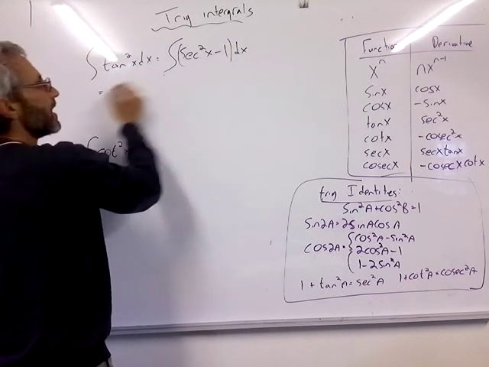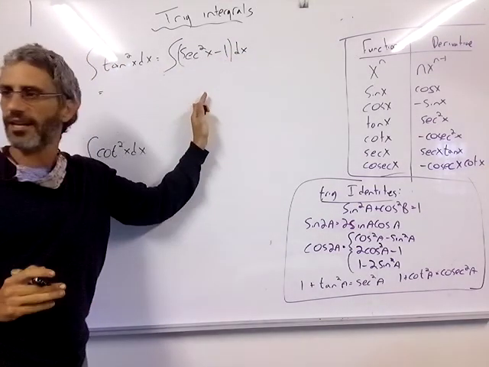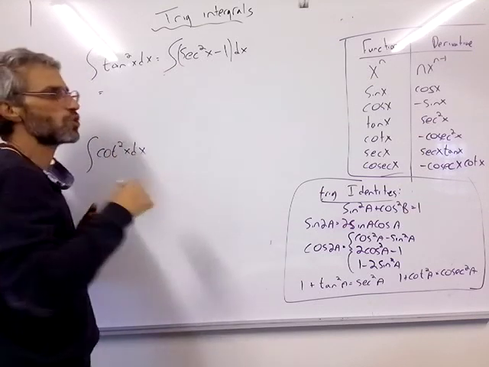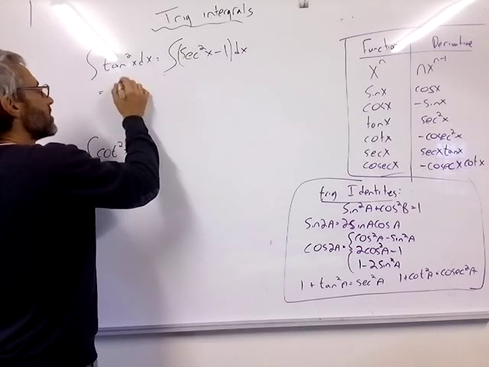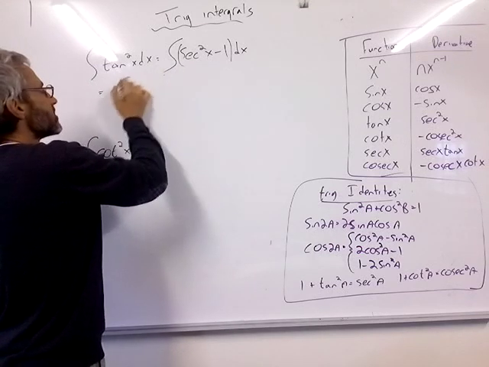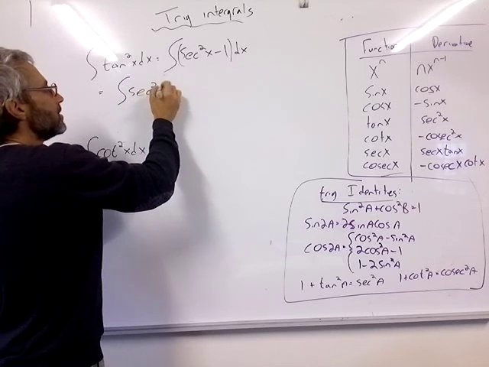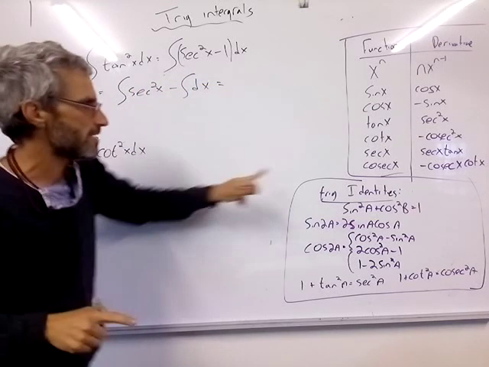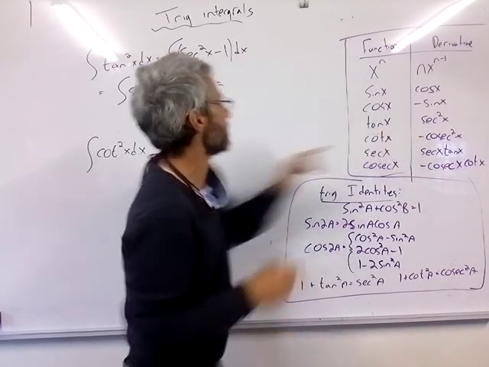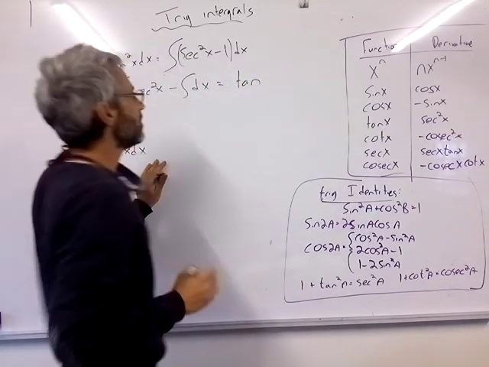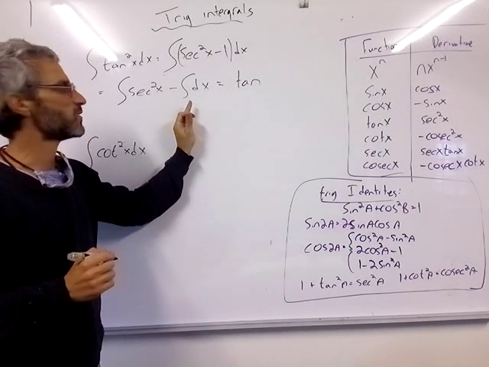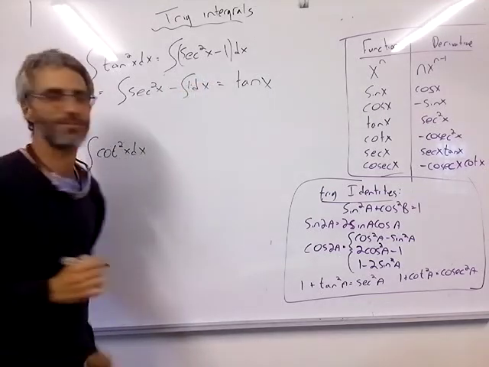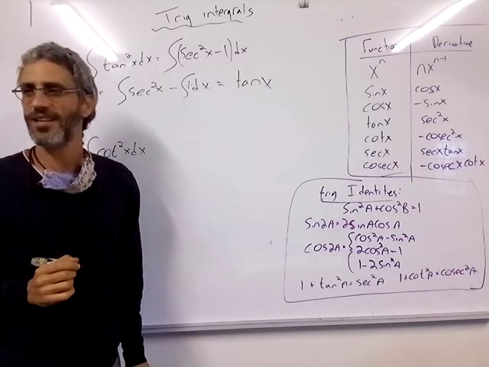And then when I have something minus something in an integral, that is very easy. Your instinct will tell you the right thing, okay? The integral of the difference is simply the difference of the integrals. That makes sense. Now the first integral, dead easy. The integral of sec squared is simply tan x. What about the second? That is going to stump a few people here. Minus, I can write 1 times dx. What's the integral of 1?